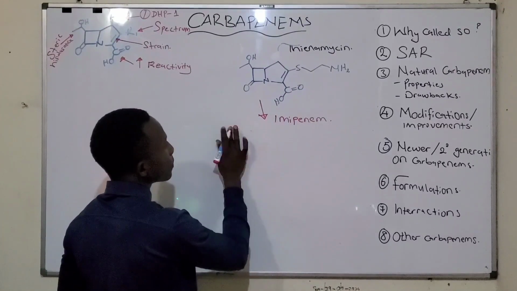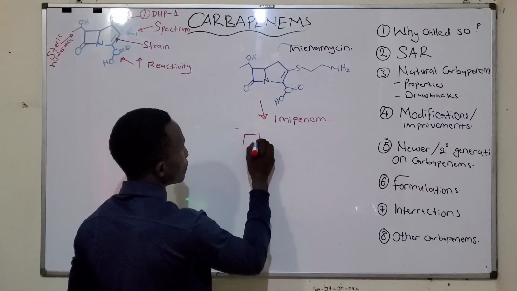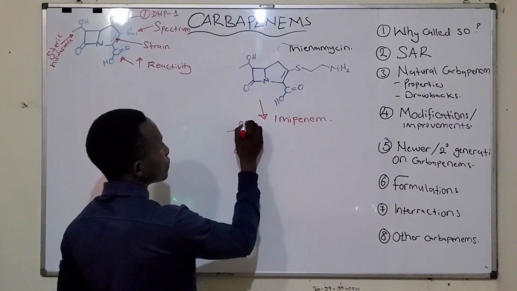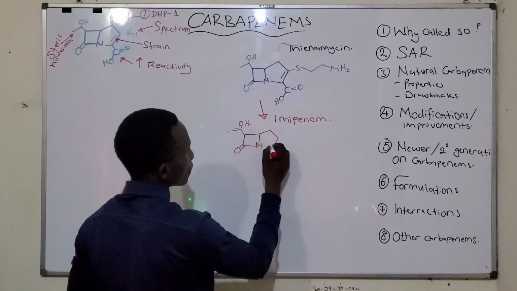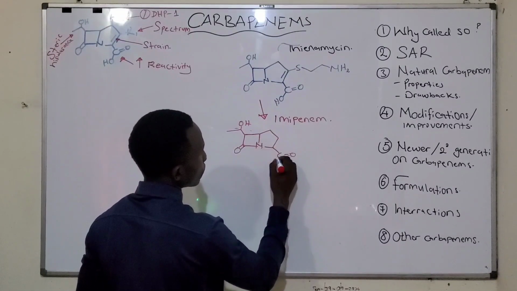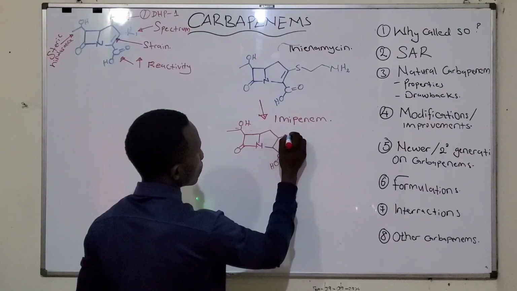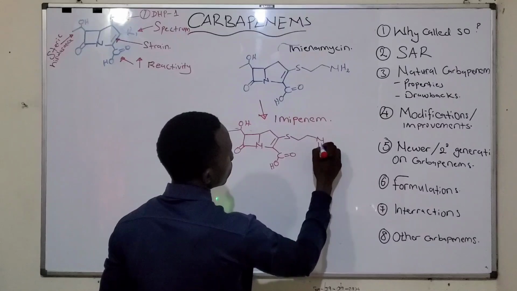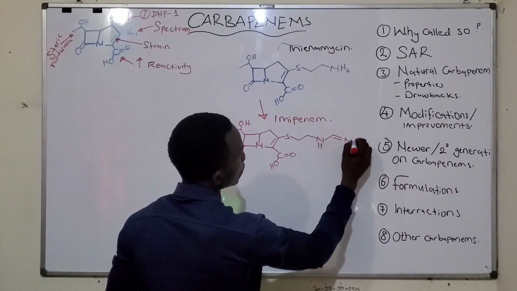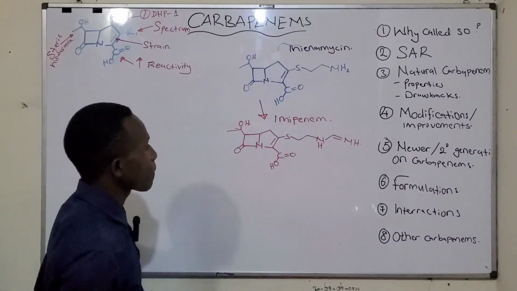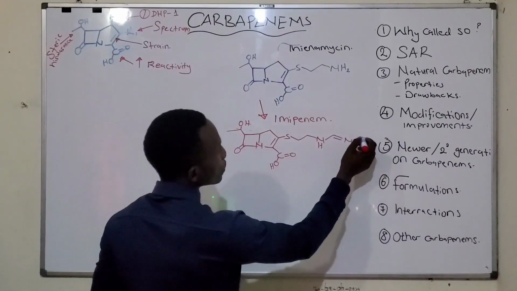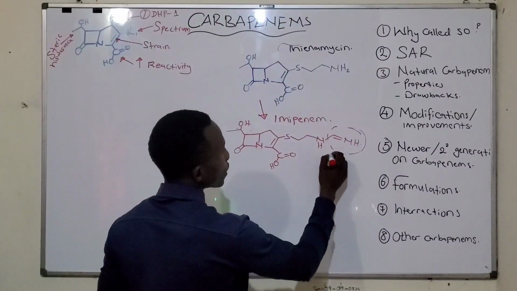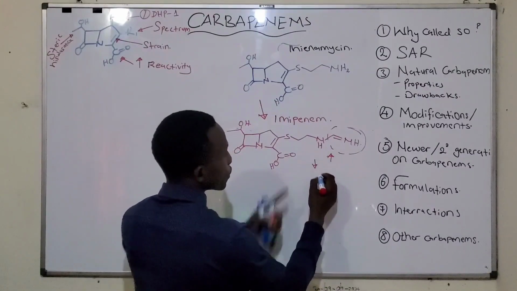This is the structure of imipenem. We can see that we have a change at this position only. This reduces the nucleophilicity of this group.